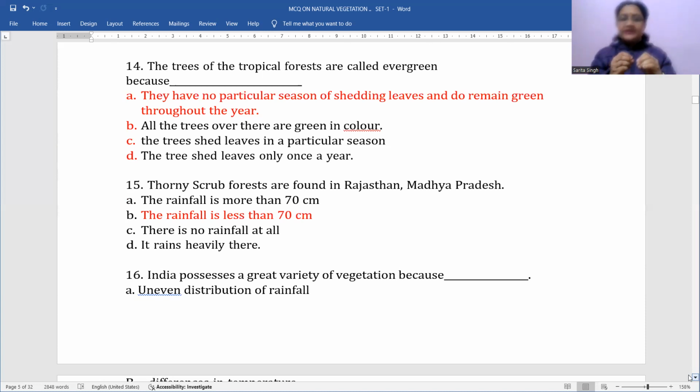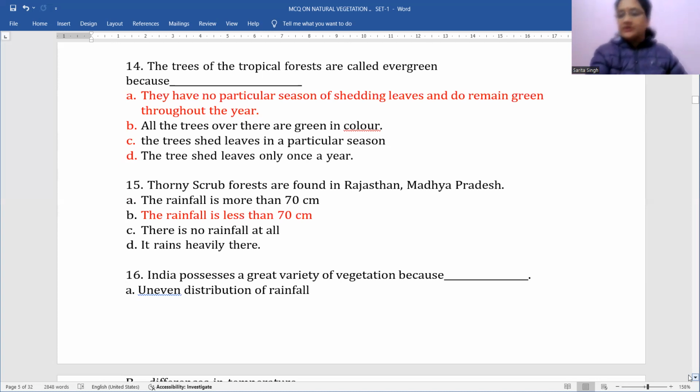Trees shed their leaves, but the time when they shed them is not the same. Different trees shed their leaves at different times. And that is why whenever we see that forest, we always find it green. This is the reason it has got the name evergreen, meaning the forest which remains always green, right? So option A will be the correct answer for this: they have no particular season of shedding leaves and do remain green throughout the year.